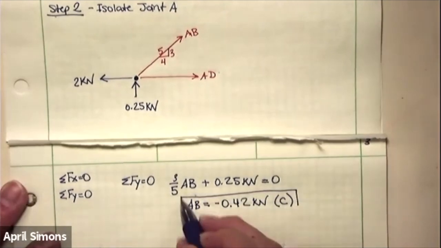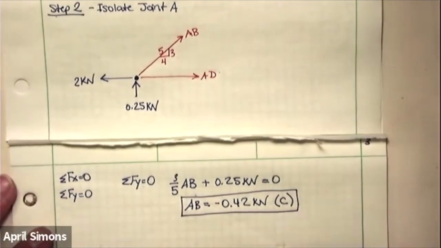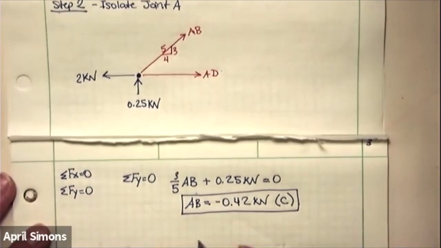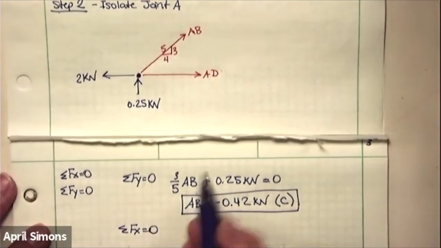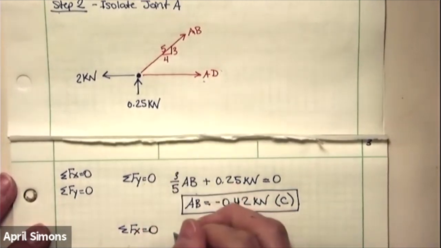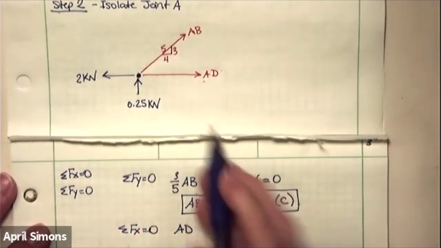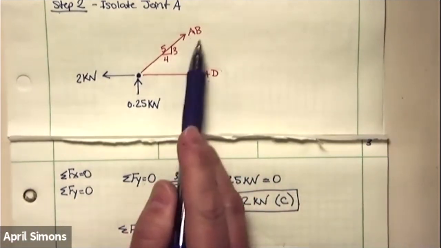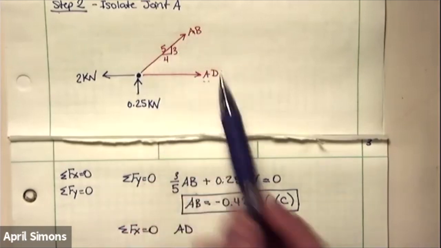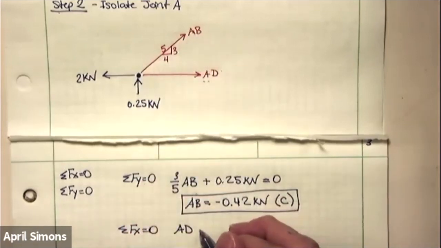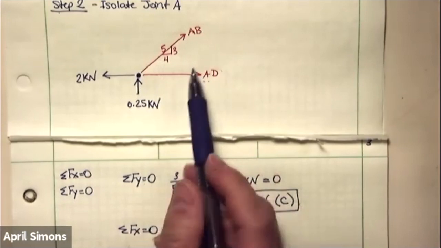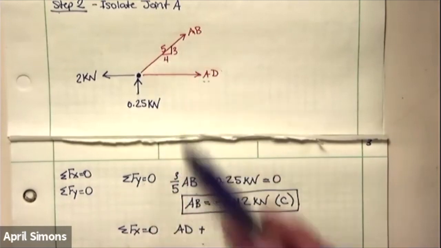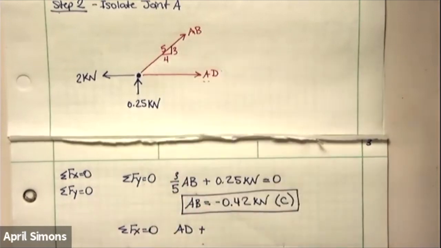So I want to mark this answer as I'm working through. Now we'll take sum of the forces in the X direction equals 0. We have a positive AD, we have the X component of AB. So plus, again, we're writing our equation to match our free body diagram.